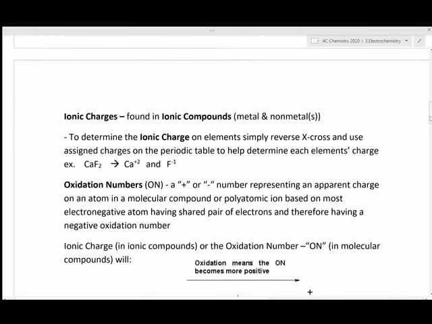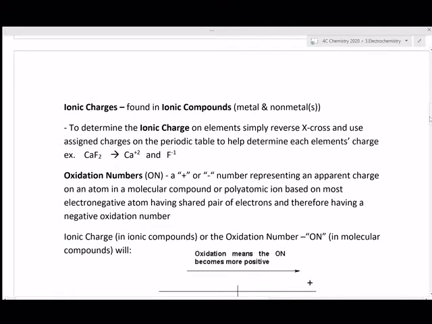In order to analyze what has had electrons lost or gained, we have to check its charge. So the same old ionic charges we've been looking at on the periodic table ever since you began studying chemistry. If it's an ionic compound, which is made of metal and nonmetals, literally look up the charge on the periodic table.